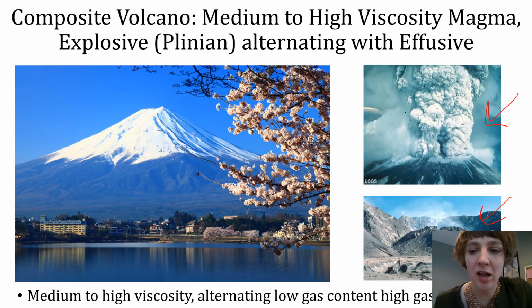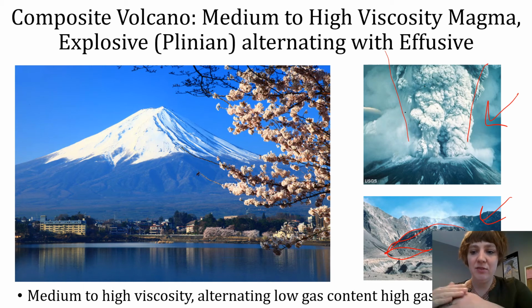And this pattern of ash on the surface of the volcano, and then lava flows or domes, creates successive layers inside of the volcano that are actually quite prone to collapse. So it turns out that landslides are also a very prominent hazard here.